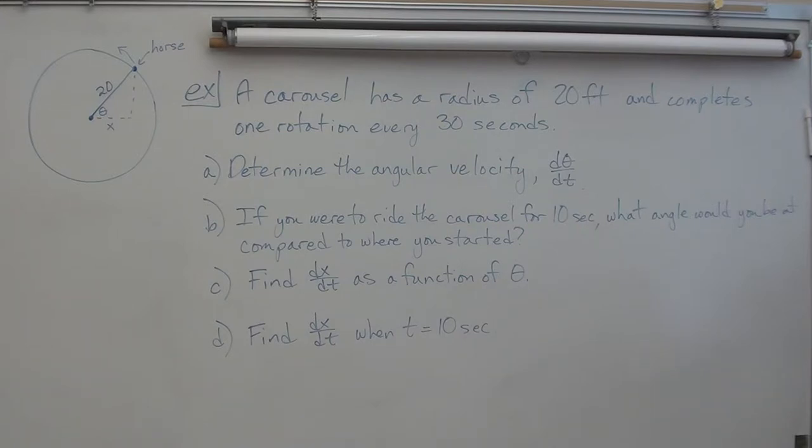That's actually a slow carousel. I don't think that's that fast. It's very slow. No, that's very fast. 20 feet? So what's the circumference? Pi r squared? That's the area. All right, so 2 pi r. Like 40 pi? It's like 40 times 3, like 120 feet?